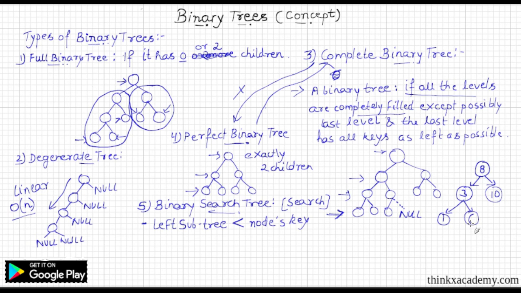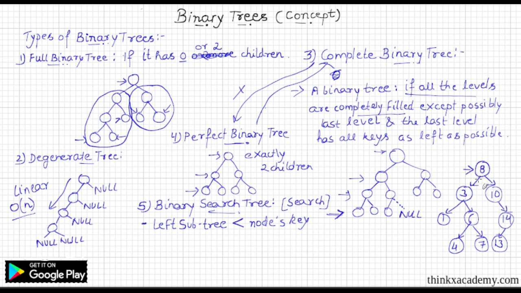I'm just adding some random values here, but you will see that I am actually following a particular pattern in adding these random values. I am following the first rule, which says that the left subtree will always be less than any node's key.